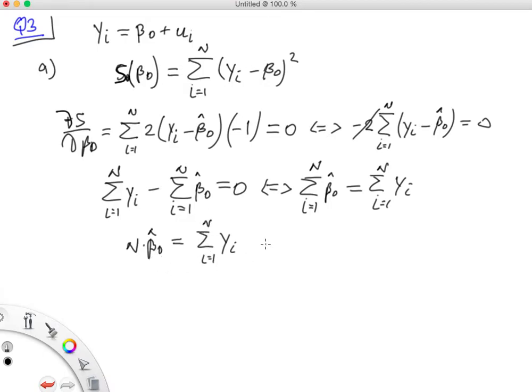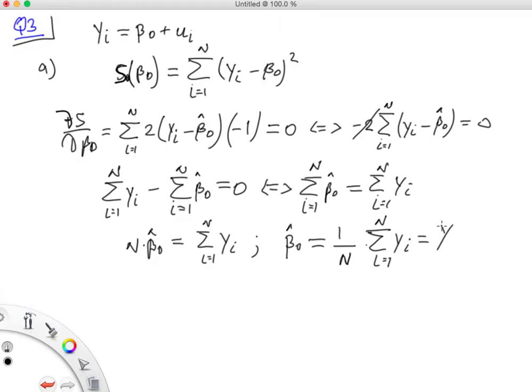Now to find beta 0 hat, divide both sides of the equation by n, or multiply both sides by 1 over n, then you will have 1 over n times the sum from i equal to 1 to n of yi, and you know that this is something interesting, isn't it?